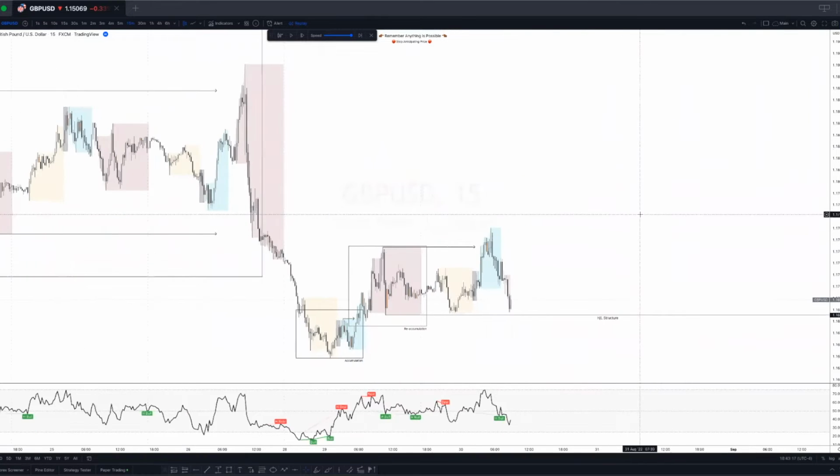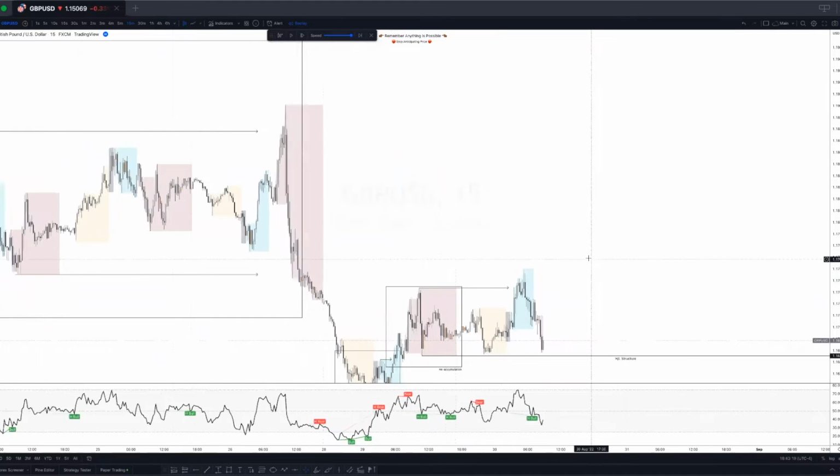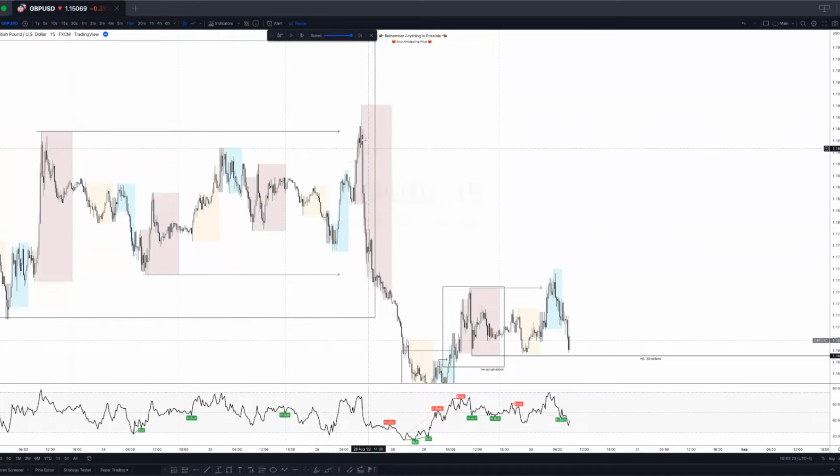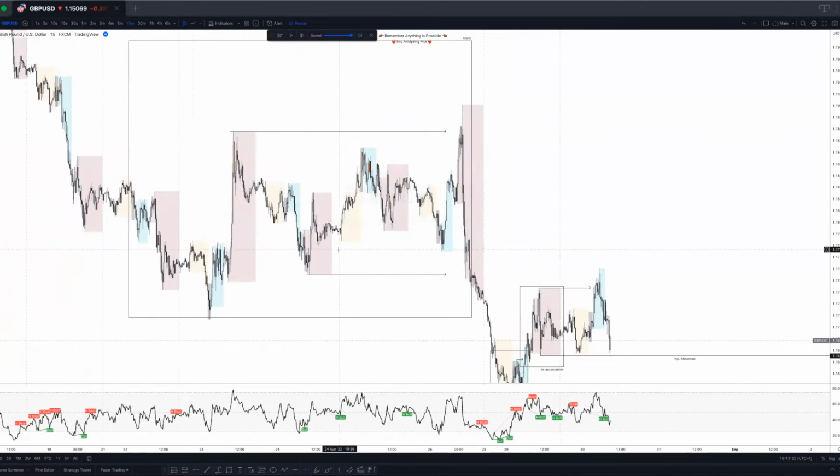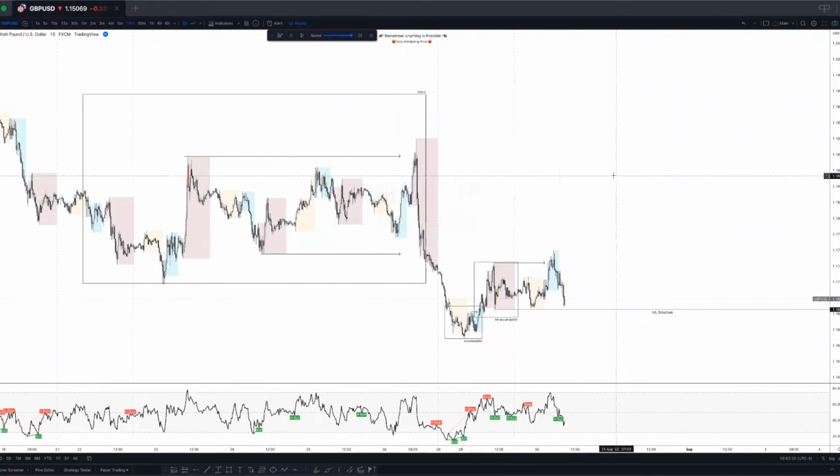So what I will look to do, this is the low that made this high. So I want to look for a short to continue the downtrend from here. So actually, let's do this.